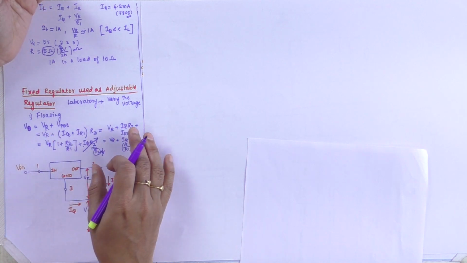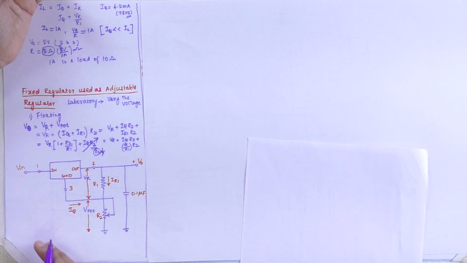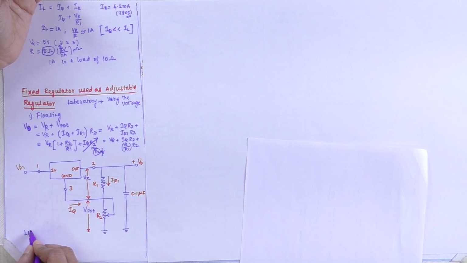So this fixed voltage regulator used as an adjustable regulator acts like a variable one. Here I can use both positive and negative voltage regulators.